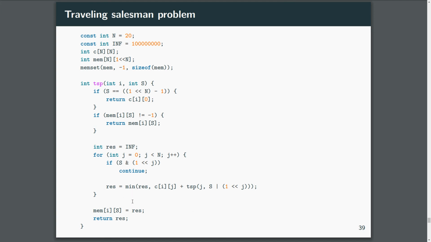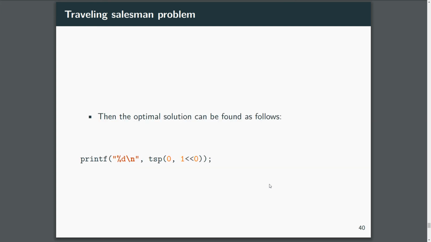Otherwise, we take the minimum of our current answer so far, or the cost of going to vertex j plus solving the problem from vertex j. And then the optimal solution is simply start at vertex 0 and put vertex 0 in the original set. So our original set is just vertex 0, nothing else.